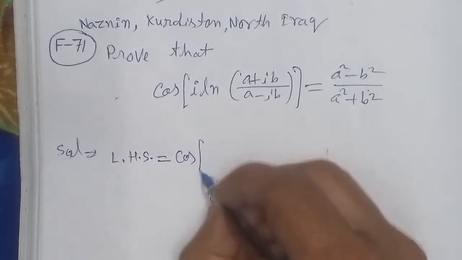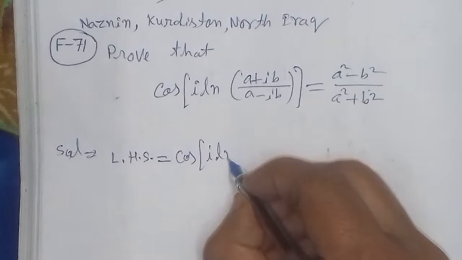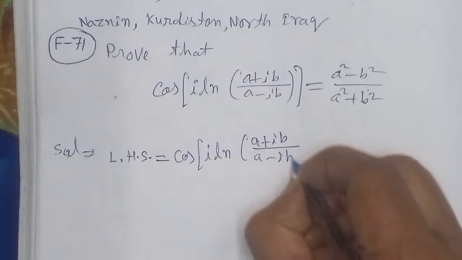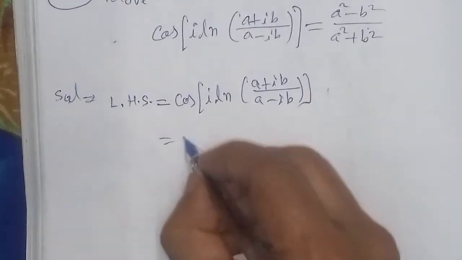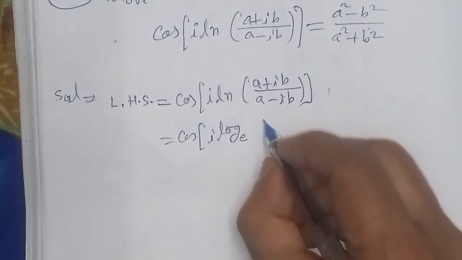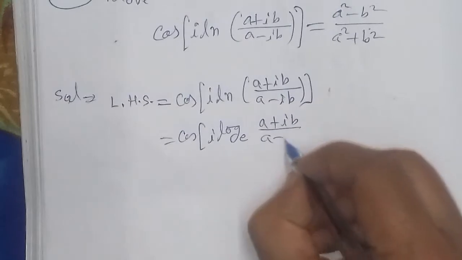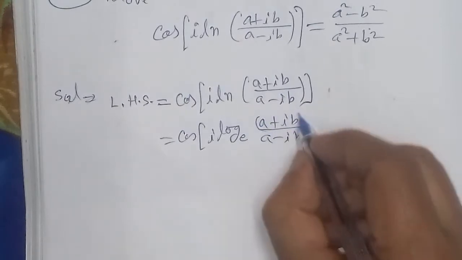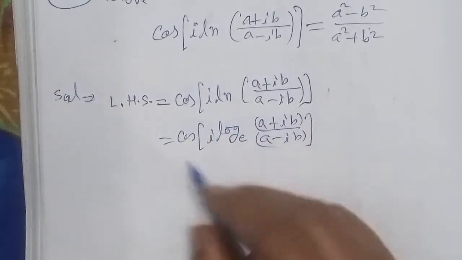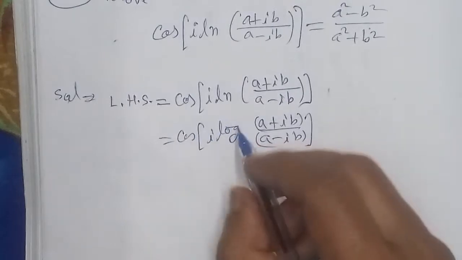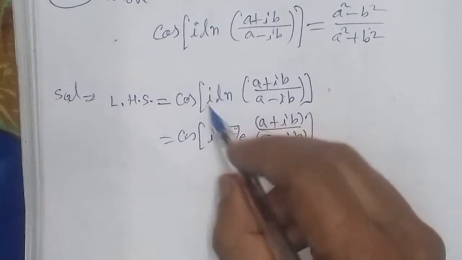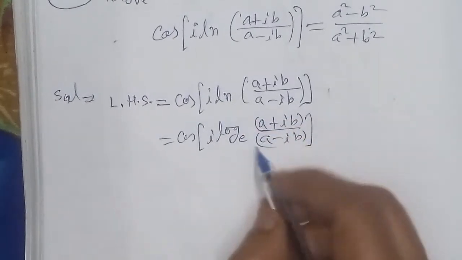Left-hand side is cos of i ln((a + ib)/(a − ib)). We can write natural logarithm as log of base e of (a + ib)/(a − ib). It is not necessary to write this step, but we write it because most of us are not familiar with ln, which is natural logarithm.